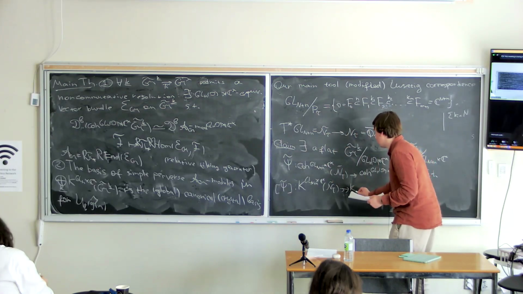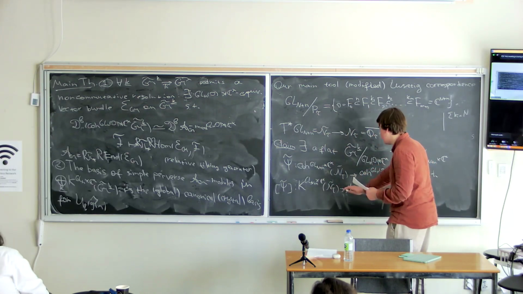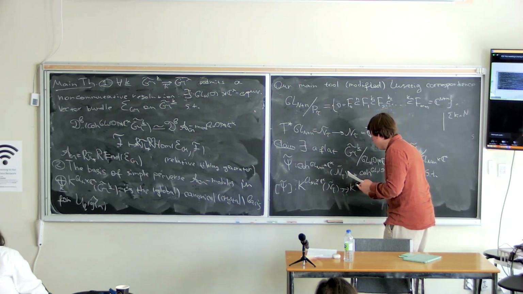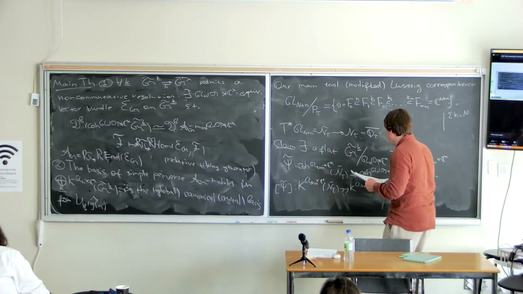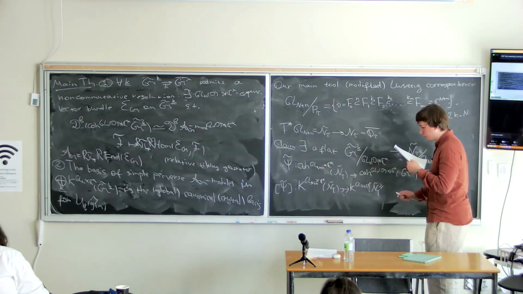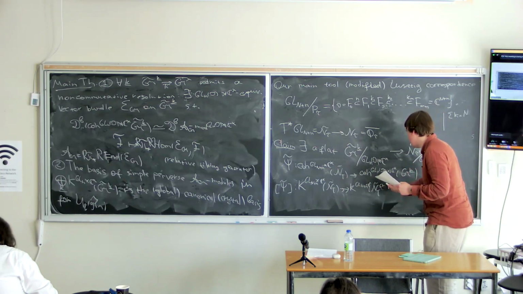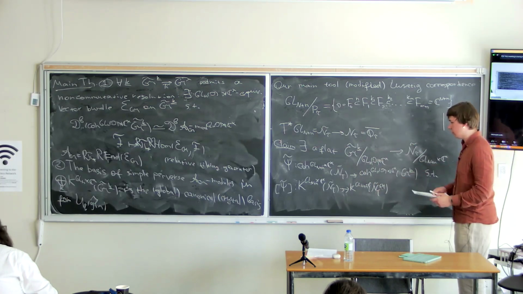Now we can restrict the sheaf to an open subscheme here, and it will be nothing else but the union of orbits which have less than or equal to n rows in the Young diagram of the corresponding nilpotent.